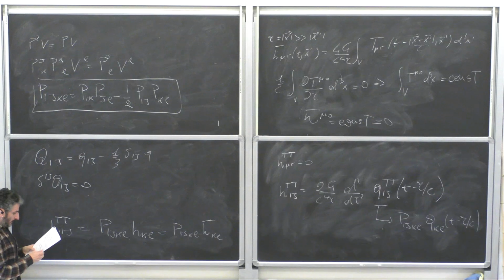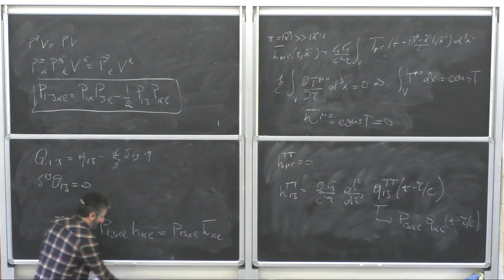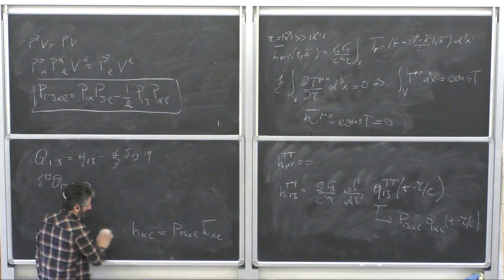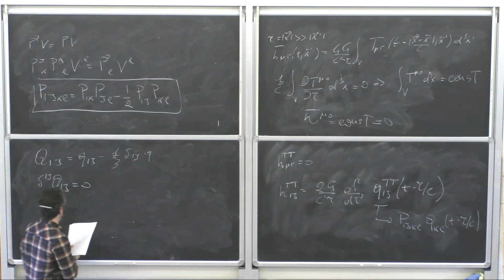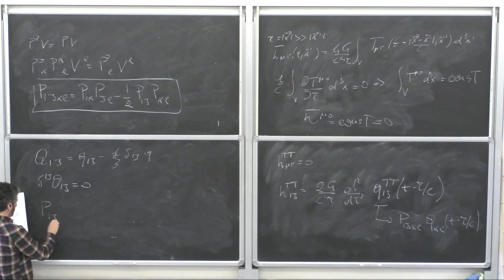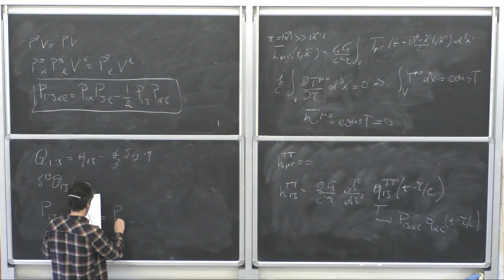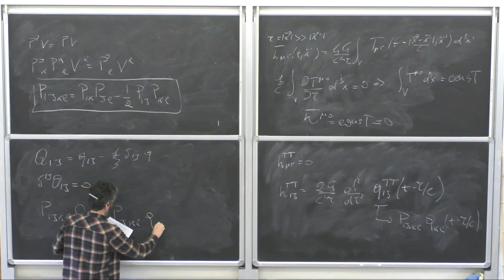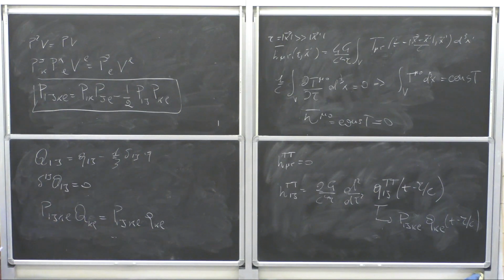And you can check immediately that, because the capital pi, the projector on the TT gauge, extracts the trace from the tensor, applying this to capital Q or small q will be exactly the same.